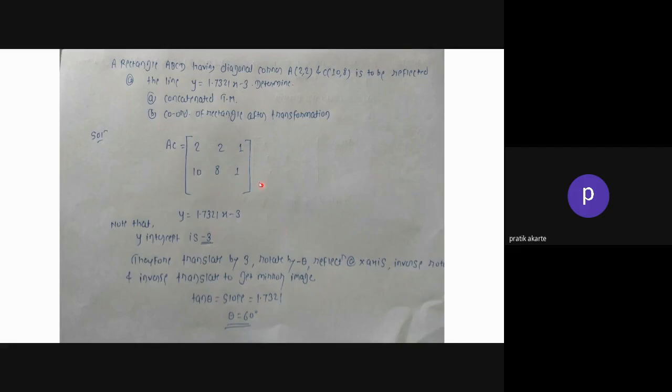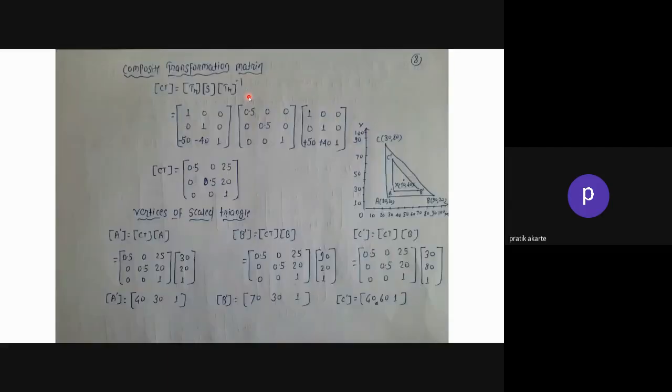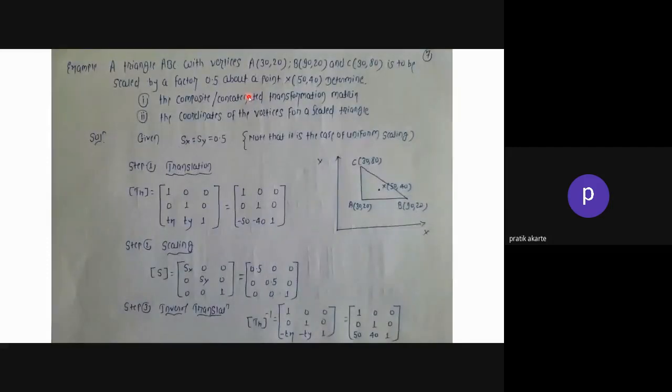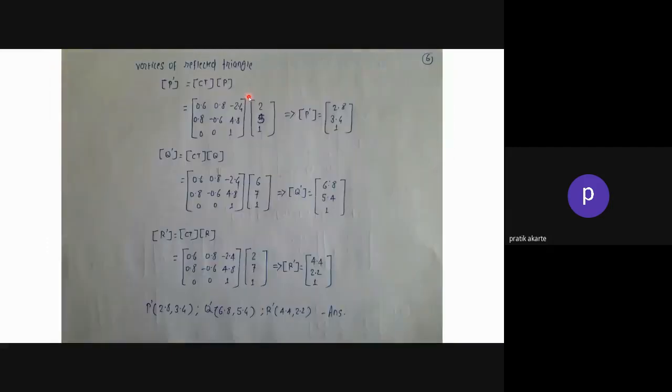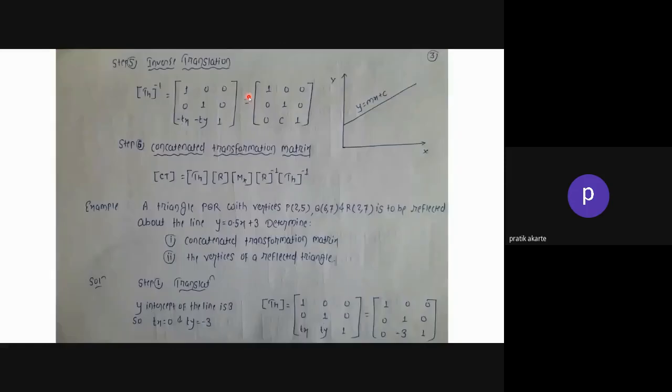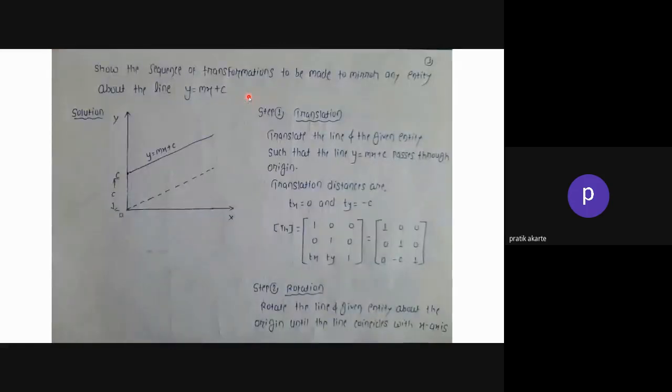Here you are making your y-intercept negative, and in the first problem the y-intercept is positive. So these are a few ways to ask the problem, but the core of the concept is that we cannot mirror or scale any entity if it is not coinciding with the origin or with the coordinate axis.